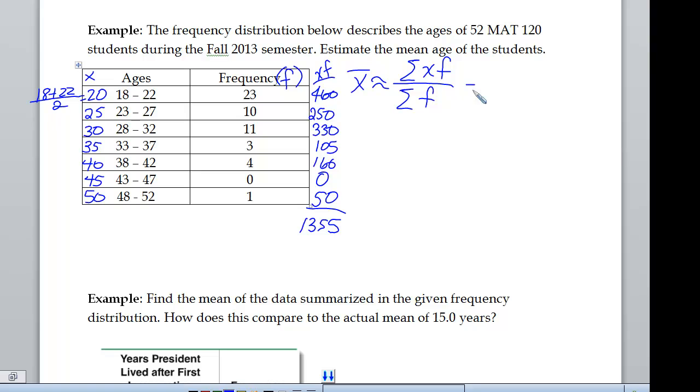And so we get 1355 divided by the frequencies, which should add up to the total number of values in our sample, which in this case is 52. We got 52 values. We got 7 classes. It said it in the description, but also if we added the frequencies, they add up to 52. And so when we divide that, we get what?